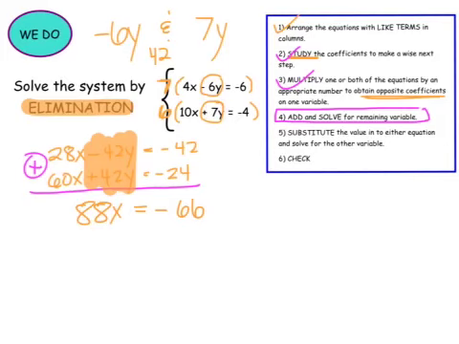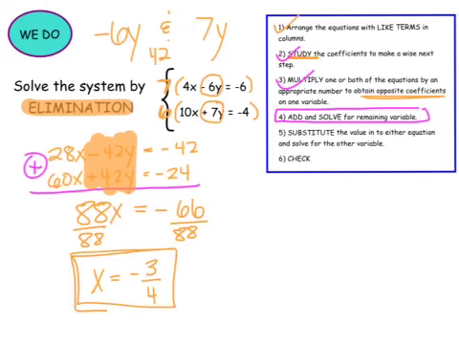From here, we need to solve for x, so we're going to divide both sides by 88. And x equals negative 3/4 when you simplify. Notice I did not leave that as negative 66 over 88 or even as 6/8. I simplified all the way down as far as I can to negative 3/4.